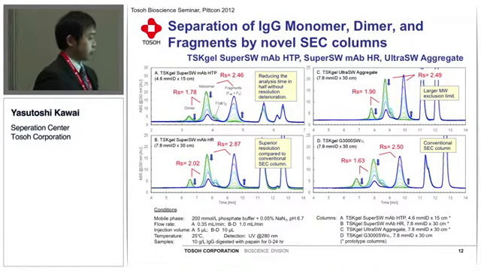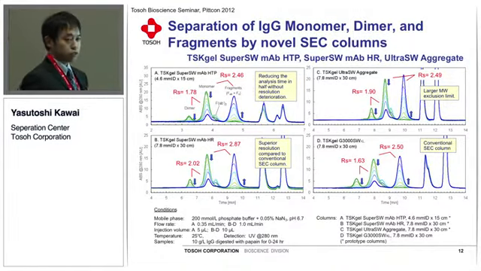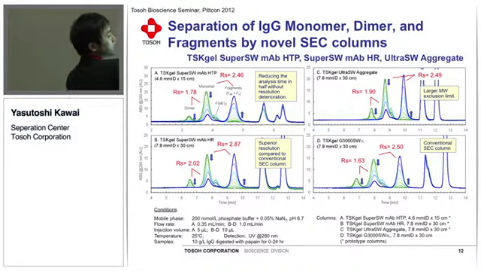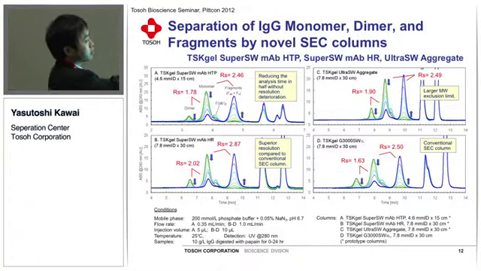In this slide, I'd like to present 3 novel columns, especially designed for the analysis of antibody, named TSKgel SuperSW mAb HTP, TSKgel SuperSW mAb HR, and TSKgel UltraSW Aggregate.